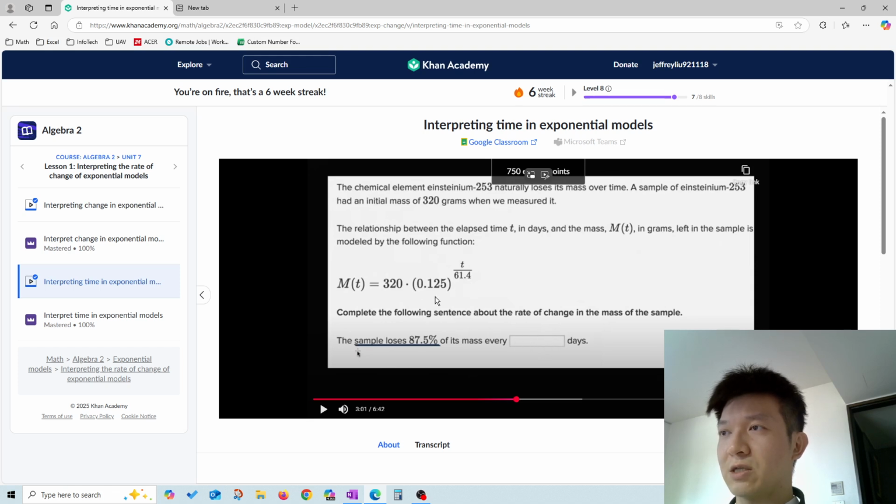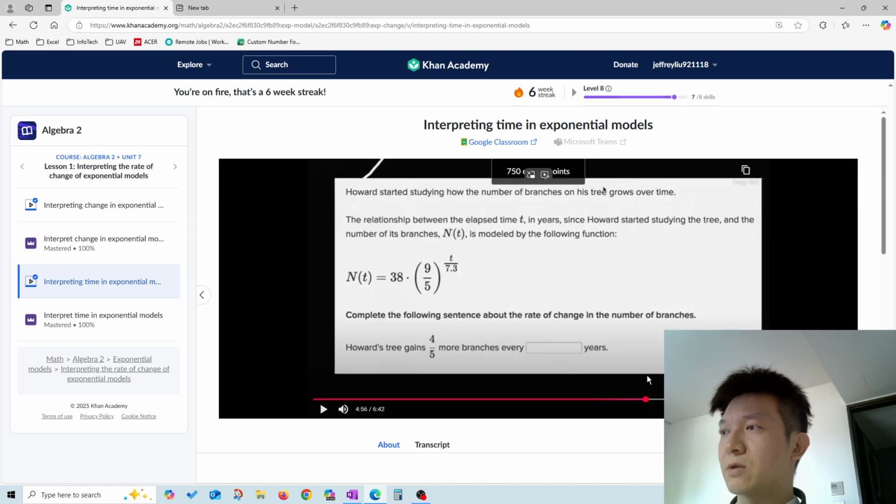So this is 1 minus 0.125, which is fortunate. We have that down, otherwise we would have to solve the equation. Thankfully, it is 1 minus 0.125, which equals 0.875. So you need 61.4 days over here. It's in days, thankfully.